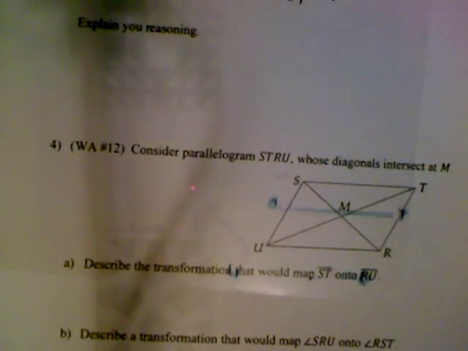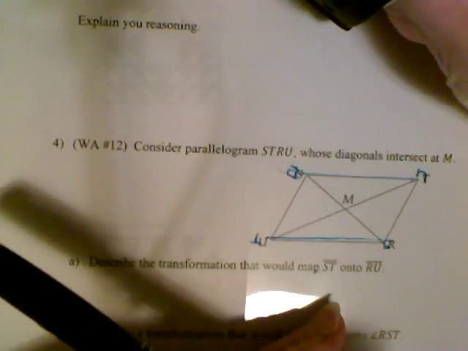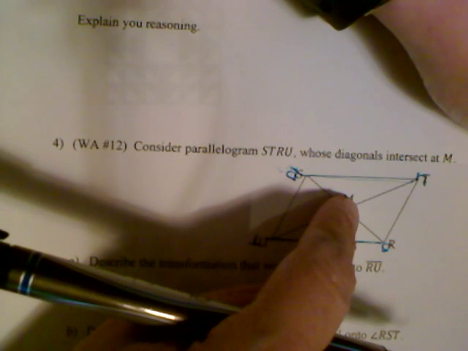If I rotate it 180 degrees about M, so I'm just putting my finger down on M, then it translates down to RU.